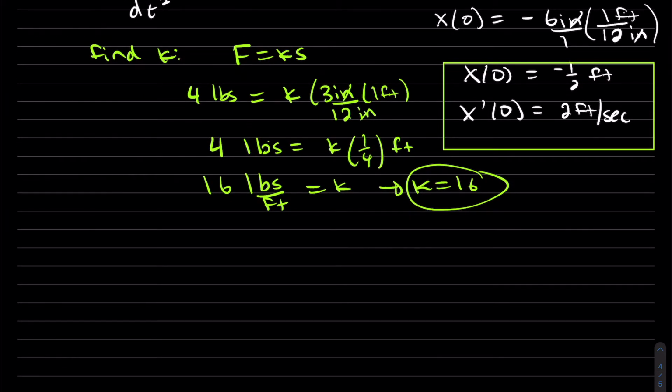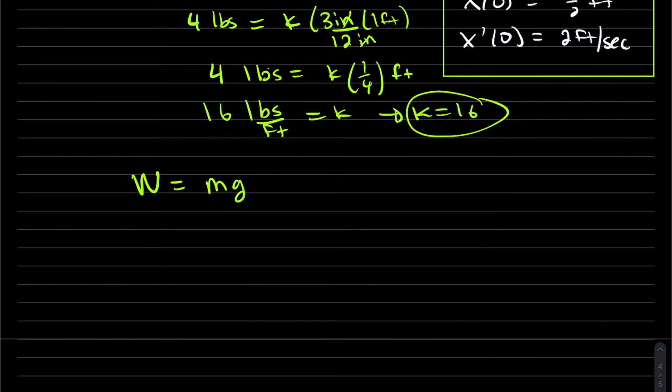And our mass, well, we have our weight, which is 4 pounds equals mg. Our weight is 4 pounds. We're looking for m. And our g, again, there's 2 g's we can use. We're using the one with the feet.